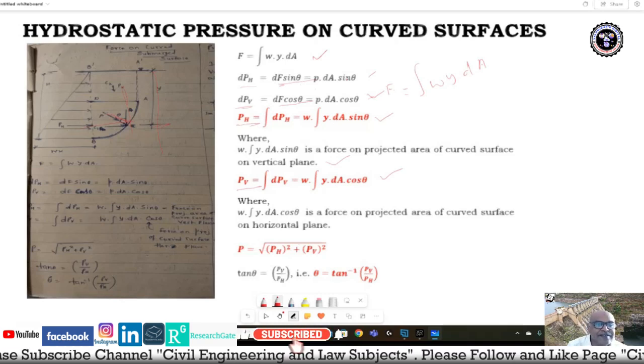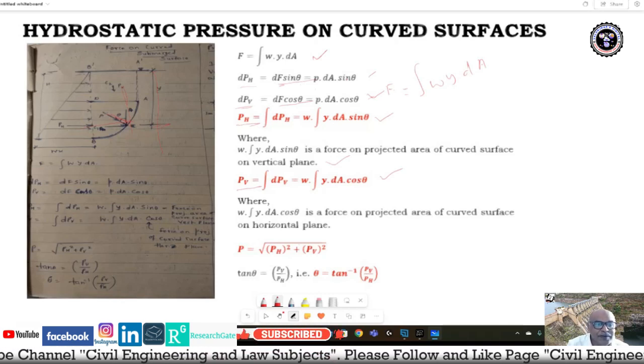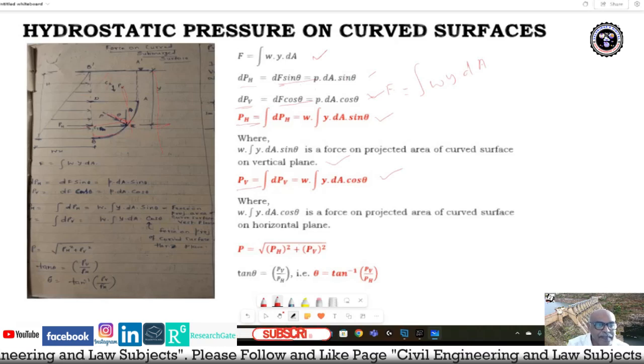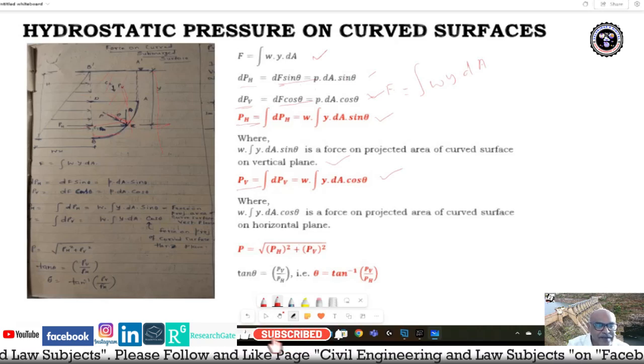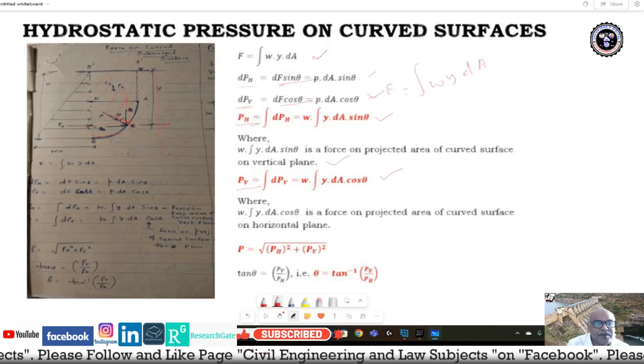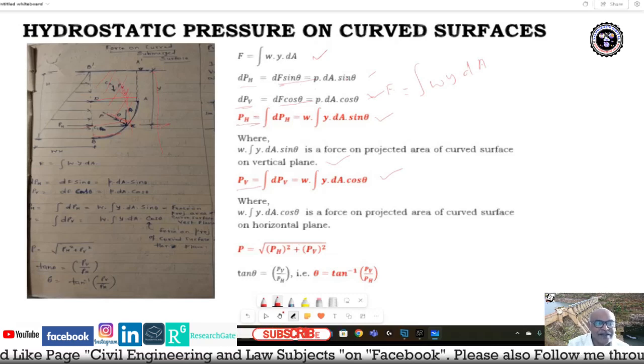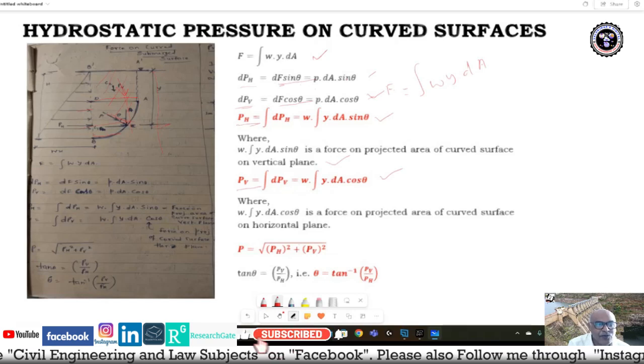Let us say this is the horizontal plane. Whatever force is acting on the horizontal plane is dPV, and dPH acts on the vertical plane.